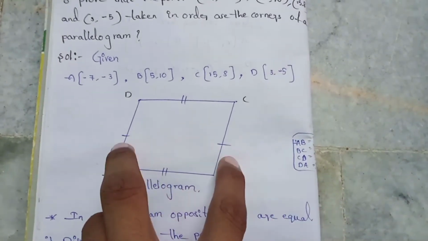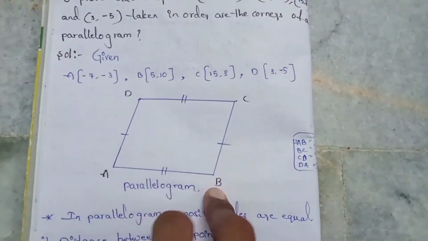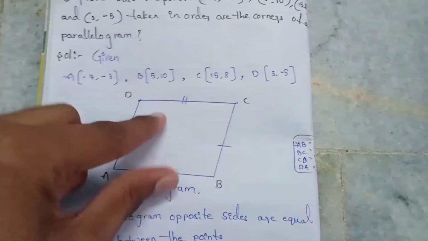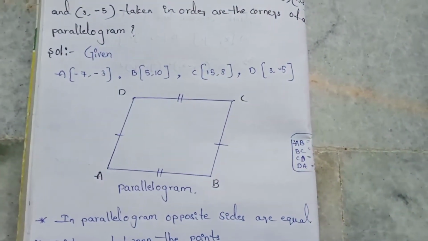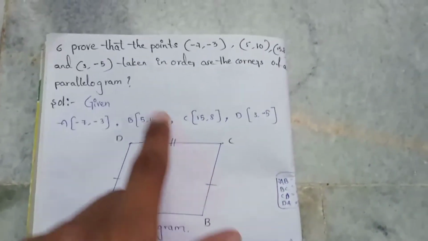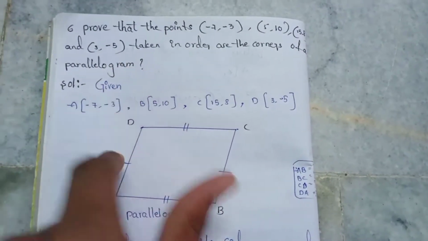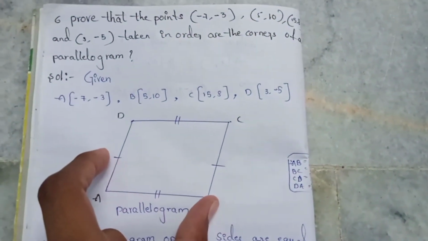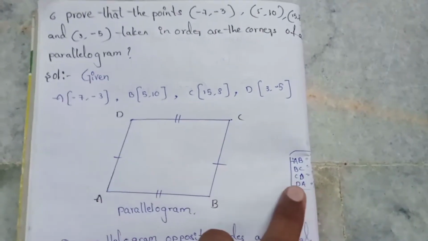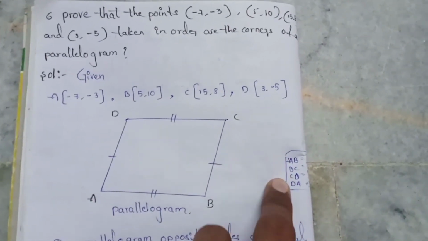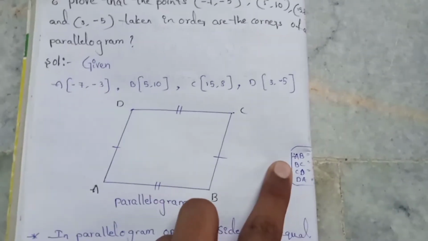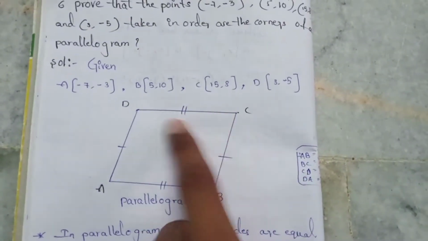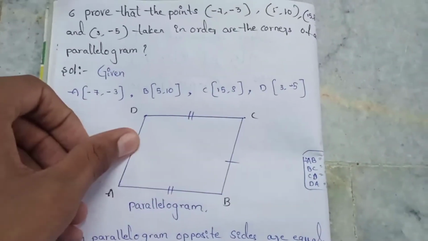That means AD and BC are equal and DC and AB are equal. Before starting, we first of all have to find the distances AB, BC, CD and DA.